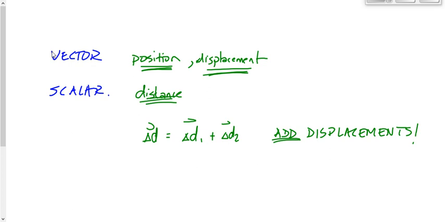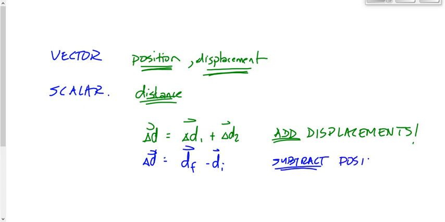On the other hand, if I'm given positions like this, I am 2 meters north of the whiteboard. Now I'm 7 meters north of the whiteboard. Those are positions. Those are my locations. What do I do with those? I subtract them, right? So we're going to say the final position minus the initial position, or we're going to subtract positions.